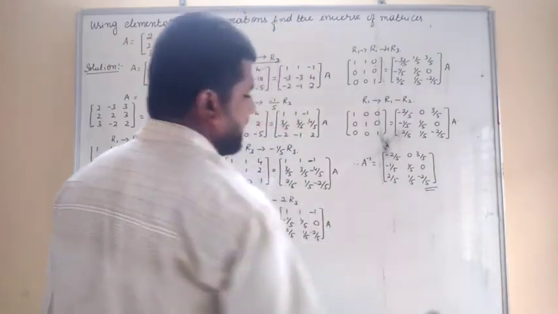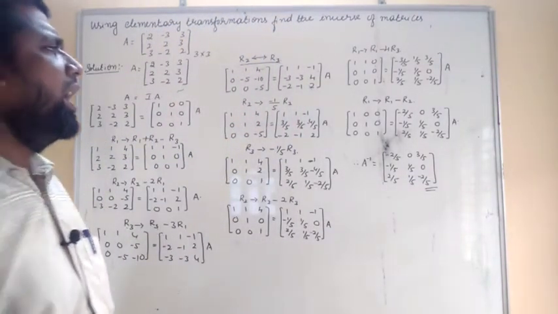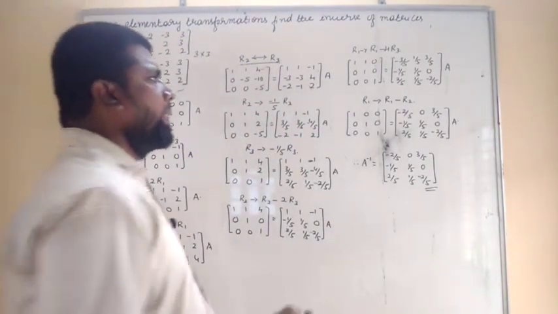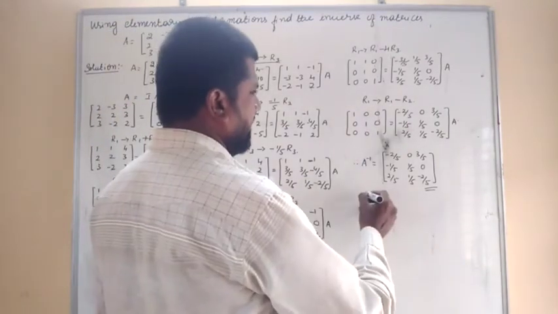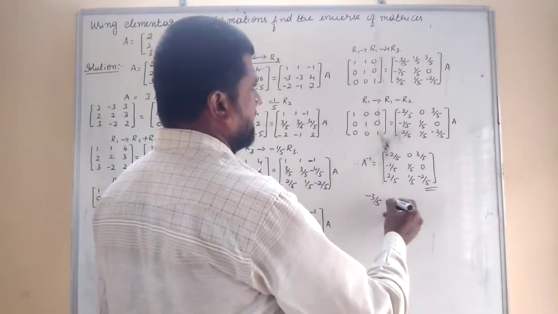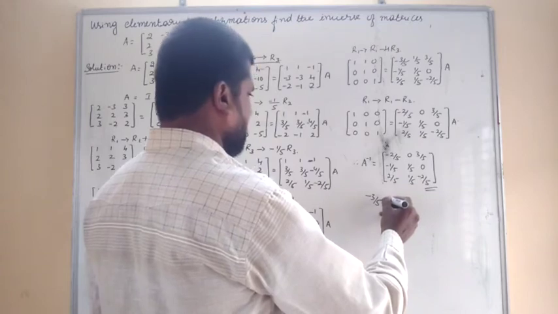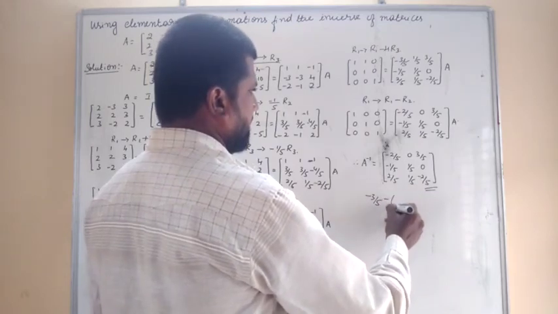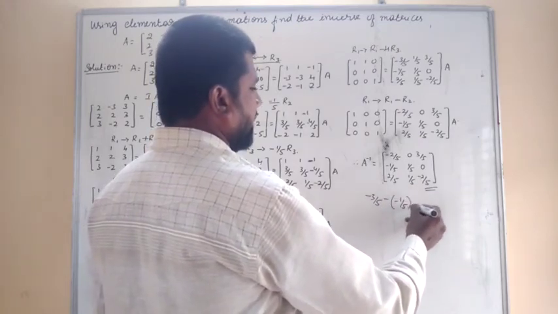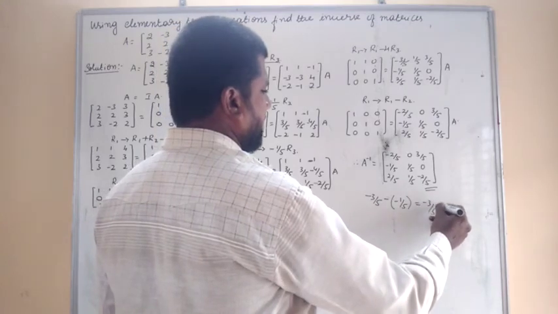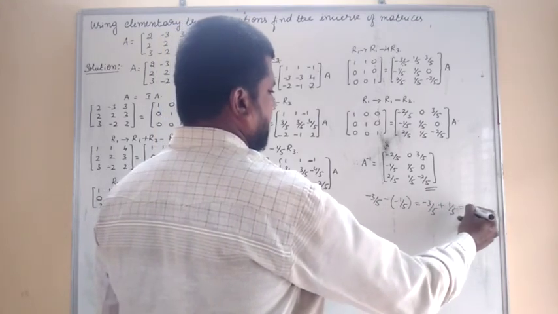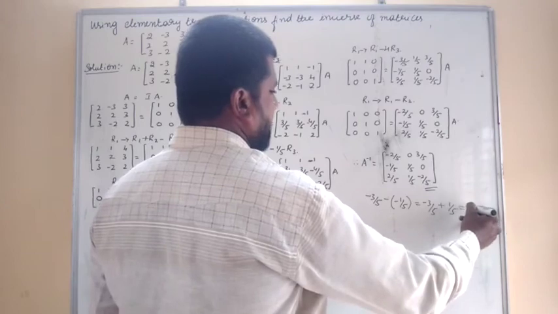R1 should be subtracted with R2. So the R1 element is minus 3 by 5. Minus 3 by 5 is subtracted with minus 1 by 5. So here minus 3 by 5, minus into minus plus 1 by 5. The denominators are the same, so the numerators can be added.